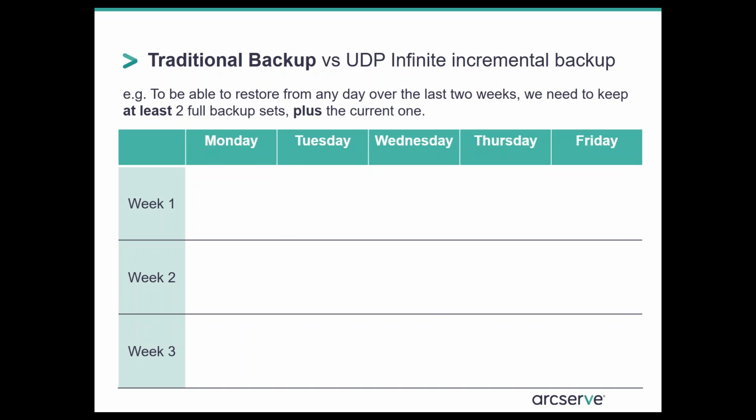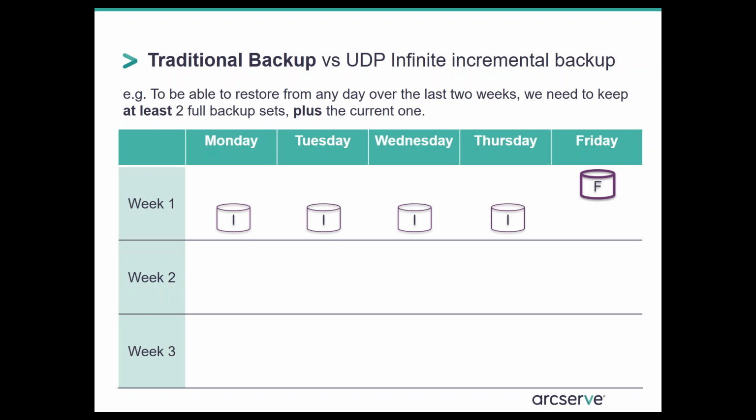So let's take a look at a 3-week cycle. Our objective is to be able to restore a backup from any day from the last 2 weeks. With a traditional backup, this means we need to keep at least 2 full backup sets plus the current backup set. So let's see how that works.